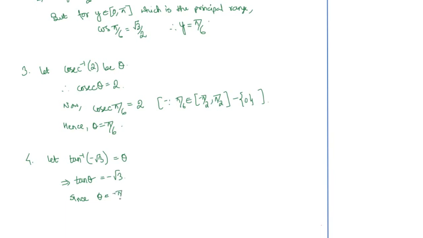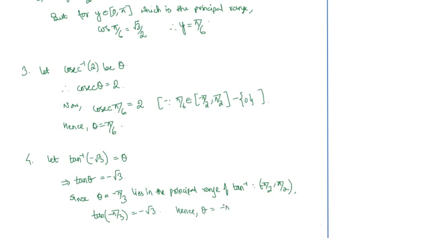So since theta is equal to minus pi by 3, this also lies in the principal range of tan inverse, which is minus pi by 2 to pi by 2. We can say that tan minus pi by 3 is equal to minus root 3. Okay, so hence theta is equal to minus pi by 3.